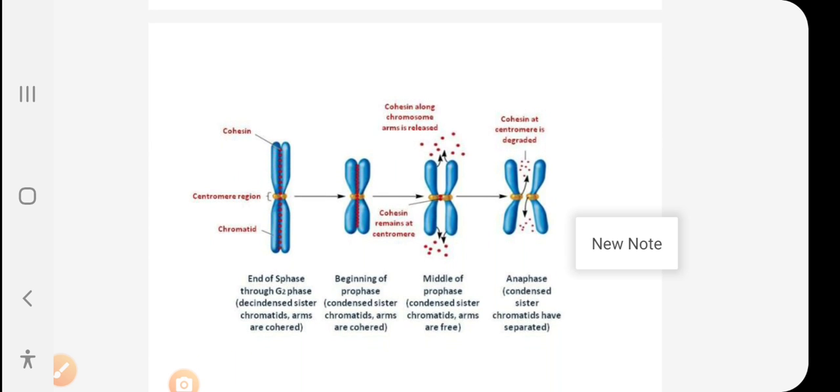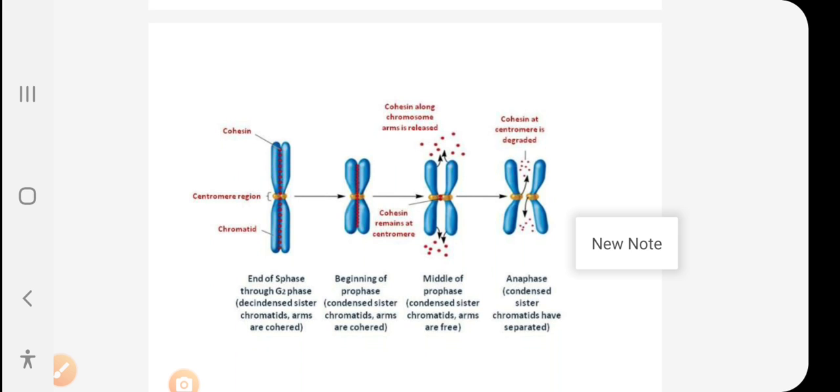Actually, I told you that in interphase, the resting phase, the chromosome appears like a thin, fine, coiled thread-like structure that is known as chromonemata.